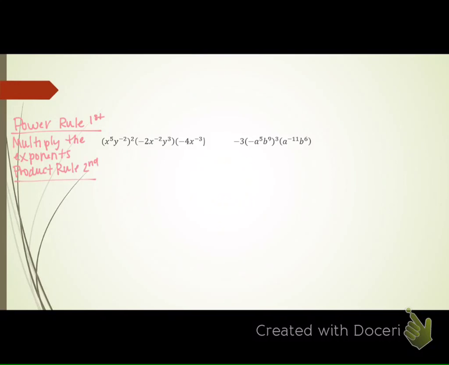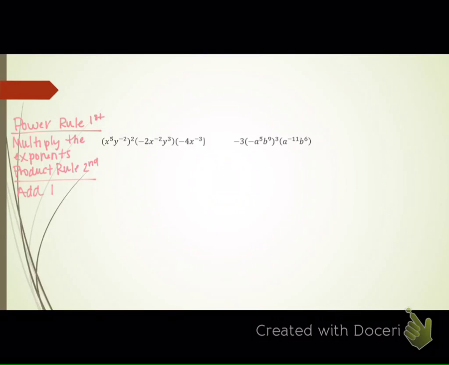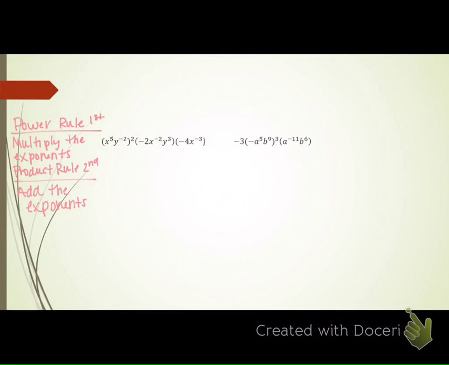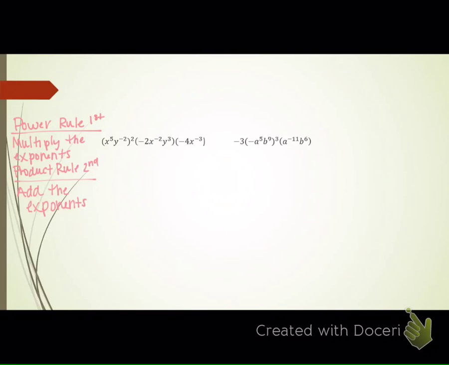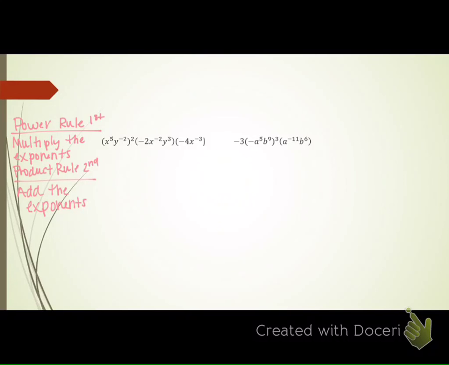And the product rule tells us to add the exponents. So we have to do that power rule one first.